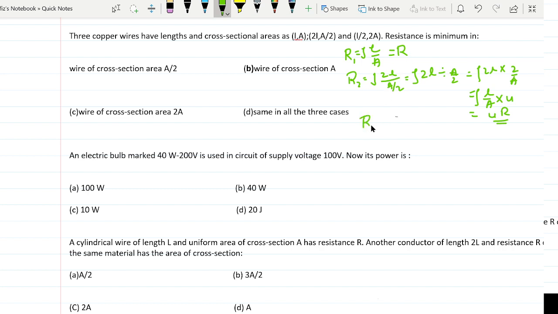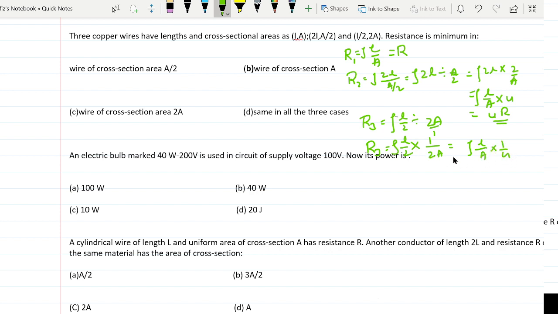Now let me find out the third one, whose length is L by 2 divided by area 2A. Look here, R3 is equal to rho L by 2. I'll change the sign to multiplication, so 2A by 1 becomes 1 by 2A. Now rho L by A into 1 by 4.